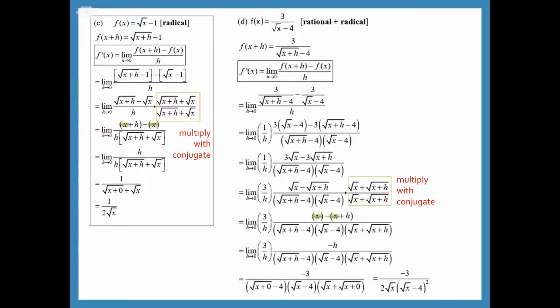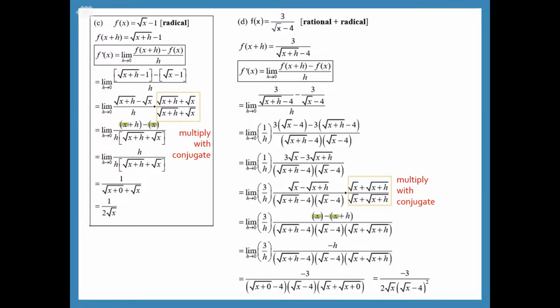D is a combination of rational and radical function where f(x plus h) is equal to 3 over the square root of x plus h, then minus 4. Substitute this into the formula and simplify the function first by cross multiplying.